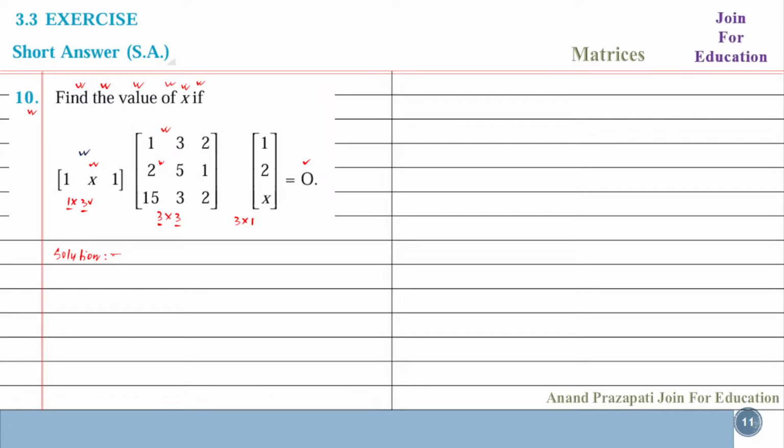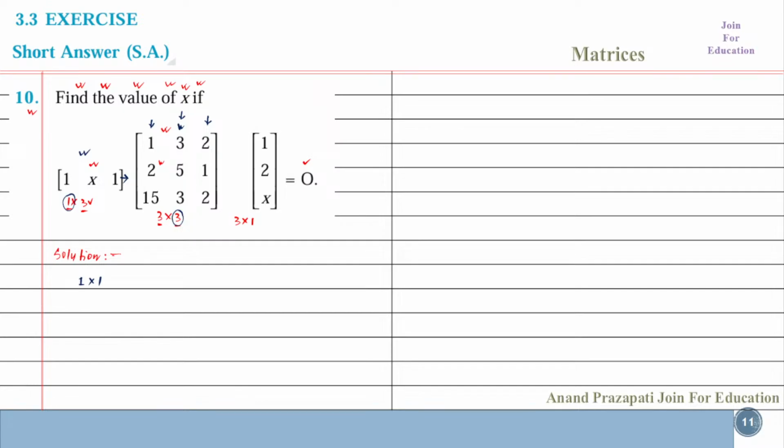The product of this one and this one: we move along the first row and the corresponding first column, second column and third column, and the multiplication of this matrix will be a matrix of order 1 by 3. So let's see, 1 multiplied by 1, we get 1 into 1.